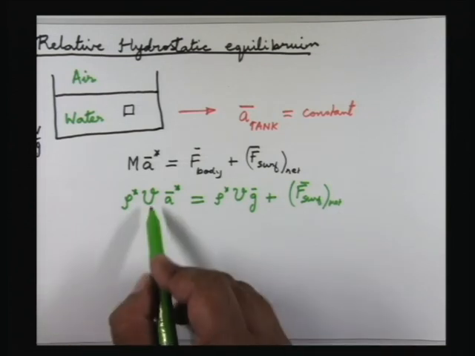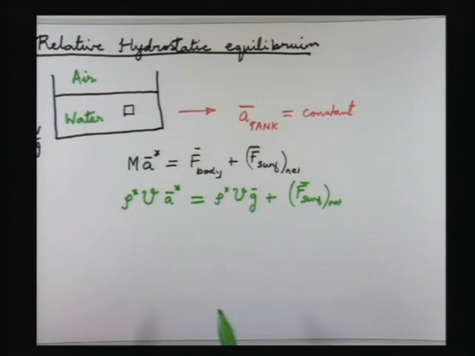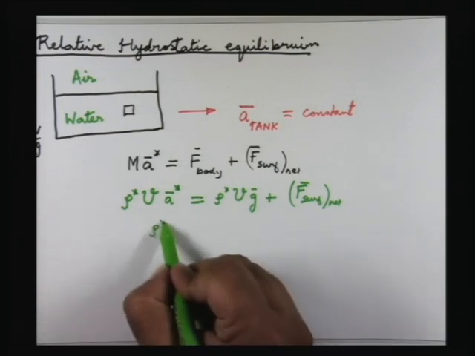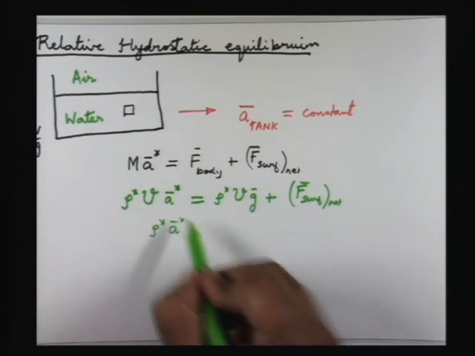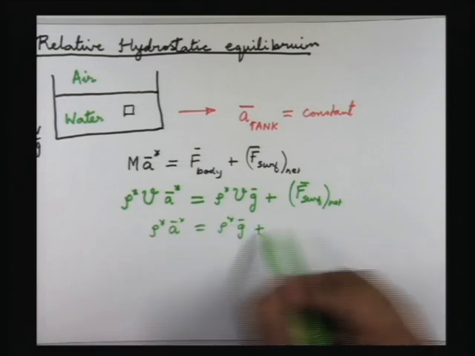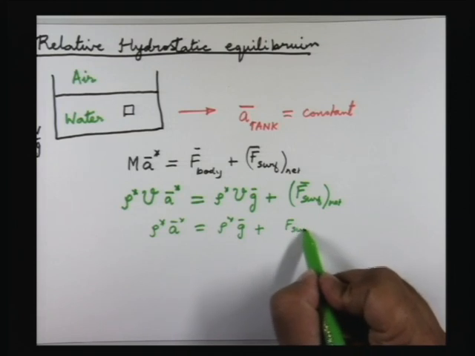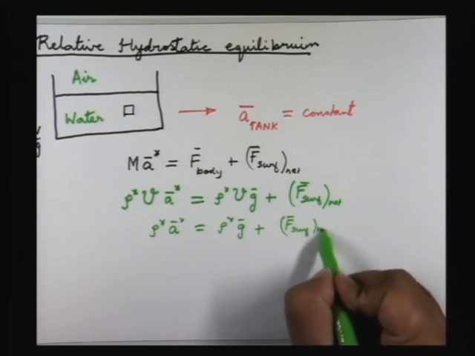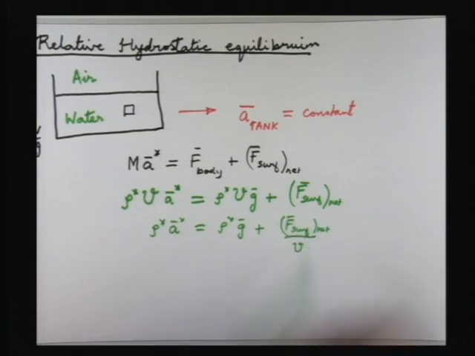Now what we will do is we will divide this whole equation by V. Then we will have rho star A star is equal to rho star g plus this net surface force divided by the volume.